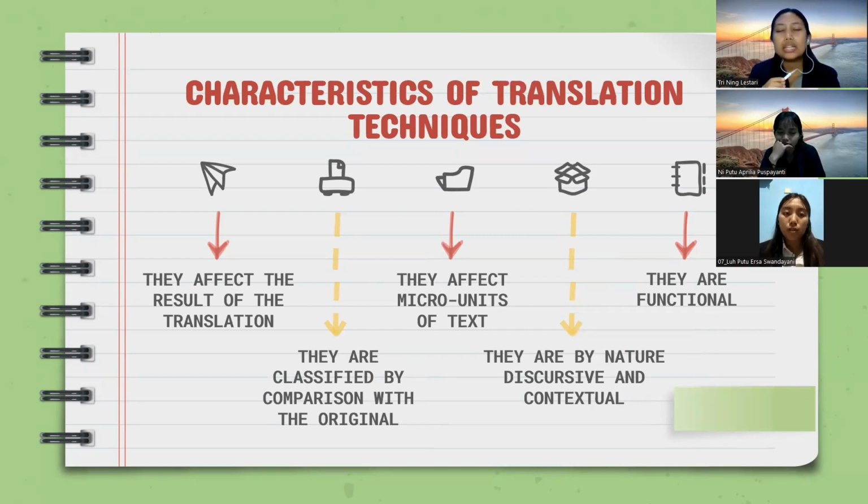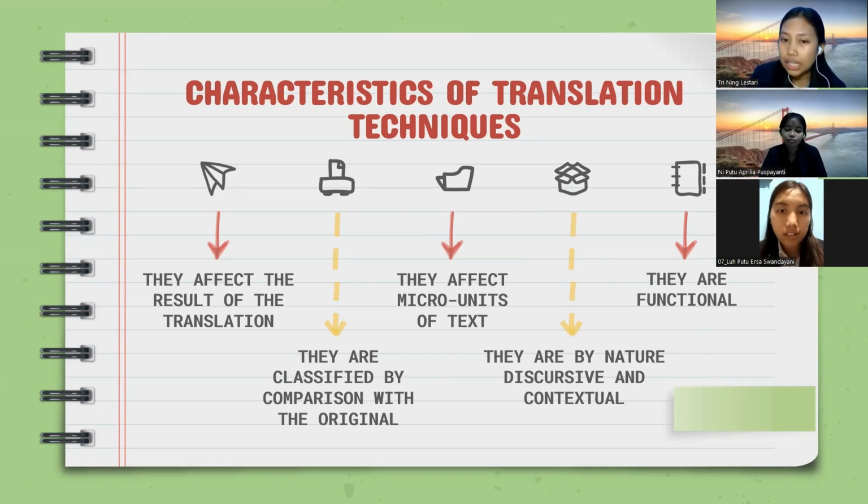Number one is they affect the result of the translation. Number two is they are classified by comparison with the original. Number 3 is they affect micro units of text. Number 4 is they are by nature discursive and contextual. And the last, number 5, is they are functional.